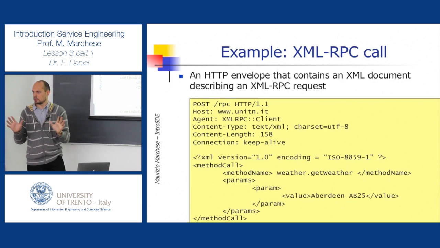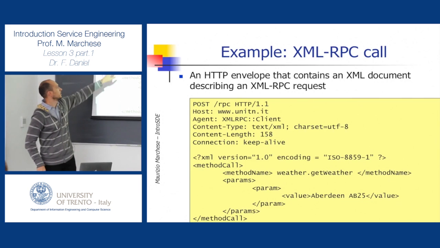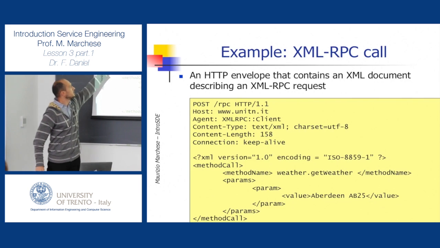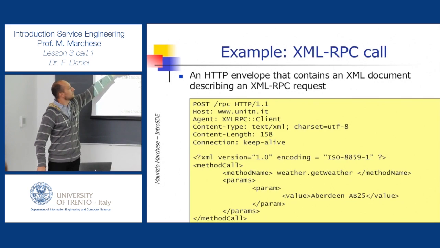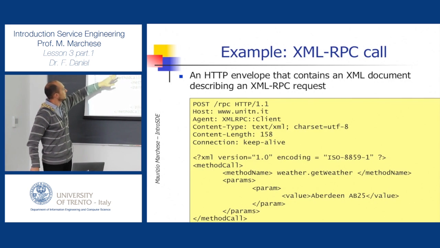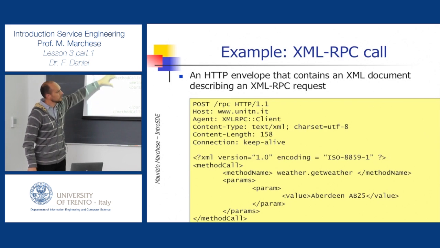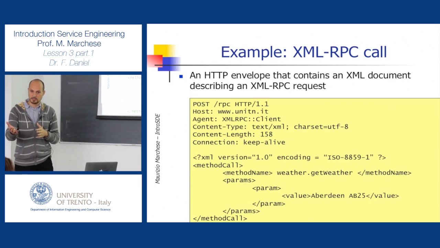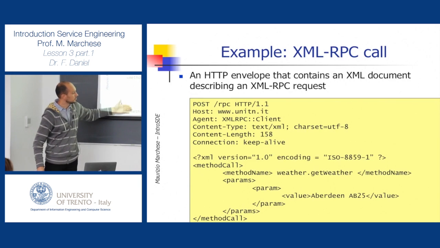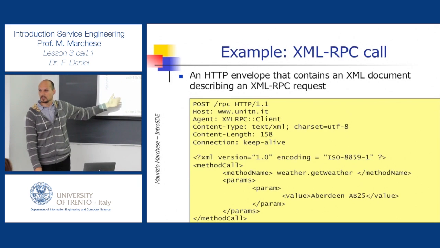Think about websites in general, it's the same thing. The host is UniTN in this case, the agent is you, the content type in this case is text/XML, and so on. And this is the body. So this is actually what you send through the network to the destination service. This is what is interpreted, and this is then what is executed remotely.